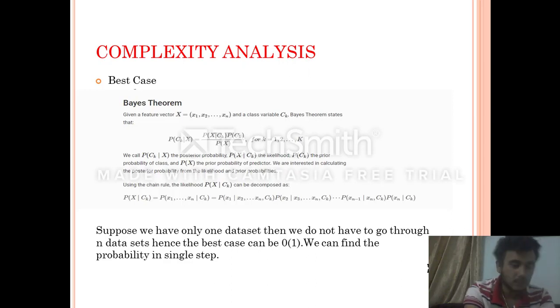So for the best case, suppose we have only one data set, then we do not have to go through n data sets. We do not have to go through a long process to calculate the probability, and we can find the probability in a single step. Hence the best case comes out to be O(n).